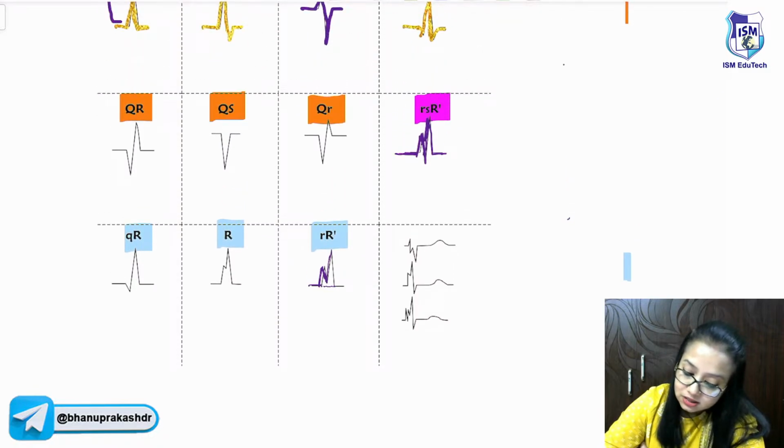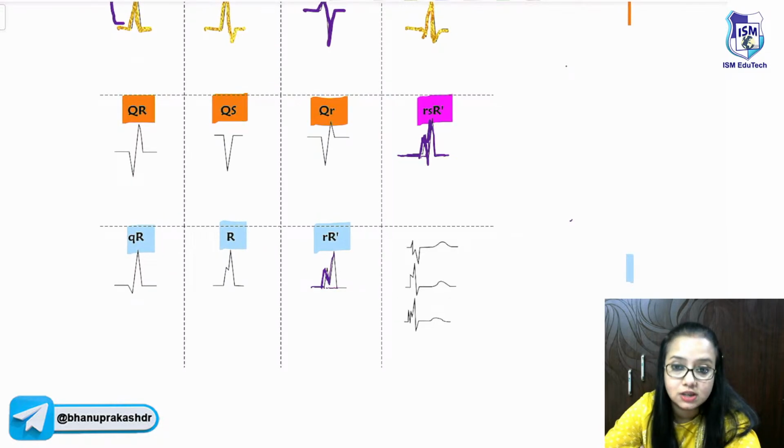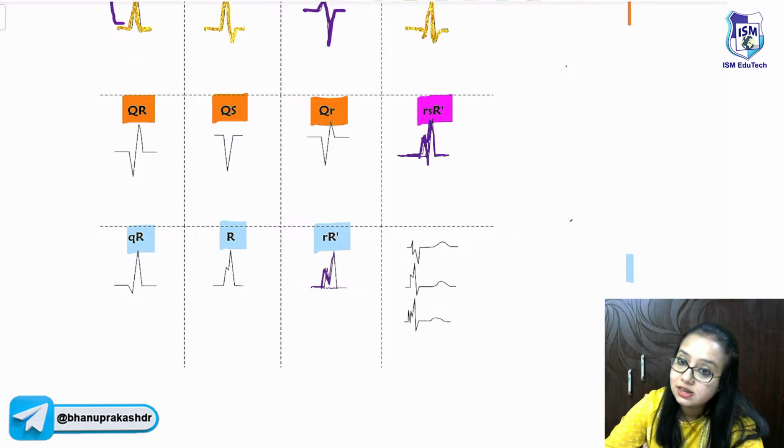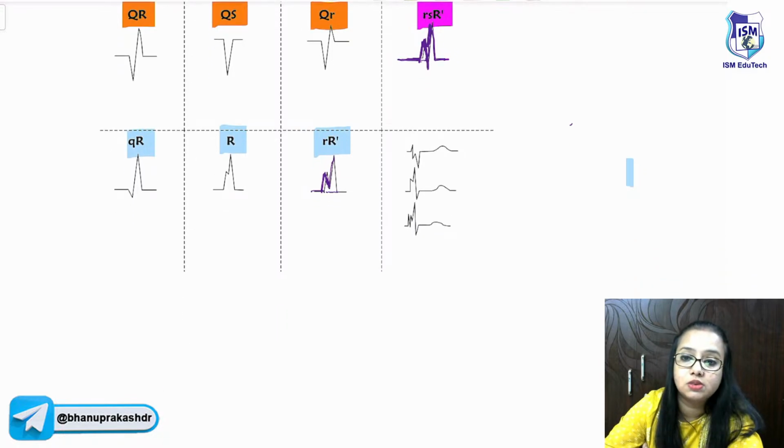Here you see the S wave, it has gone below the isoelectric line. But here this wave has not, so we cannot call it an S wave until the negative deflection has touched the isoelectric line and gone down. So here there are only two R waves. The second one is the complement and bigger in size, so it is small r and R complement.